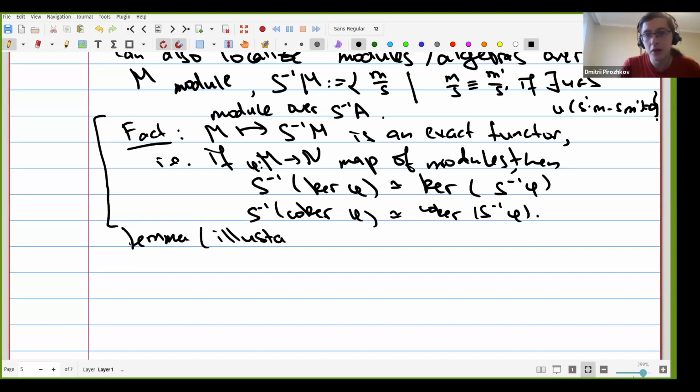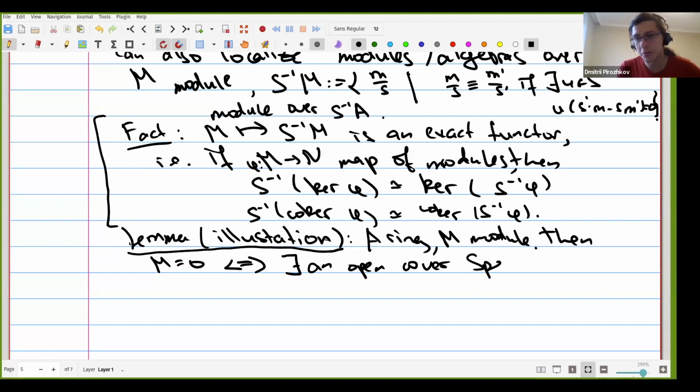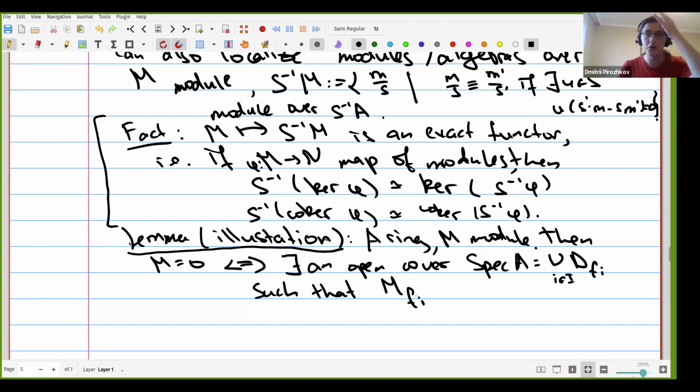As an illustration, suppose we have a ring A and a module M. Then the module is actually 0 if and only if there exists an open cover of the spectrum by these distinguished open sets D(f_i) such that the localization of the module with respect to the multiplicative system formed by powers of f_i is 0 for all i.